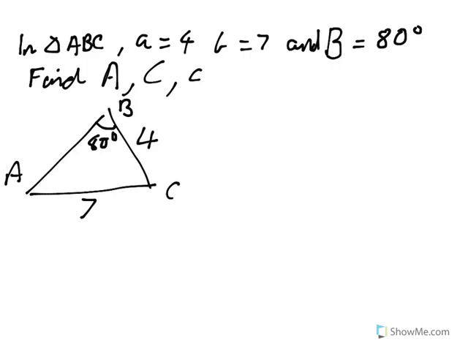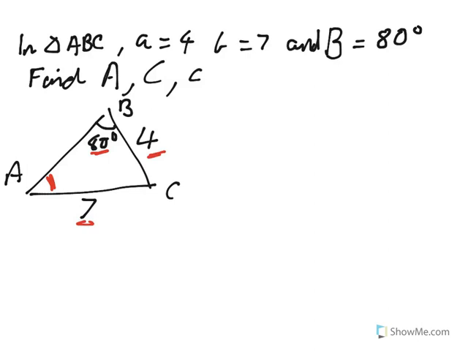Alright, so in the first part, we're looking to find angle A to start with. So the sine rule uses the sine of the angle and the side opposite that. In this case, we've got angle A, of course, and we've got side a. We've got angle B, and we've got side b.